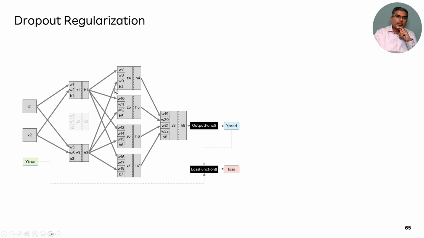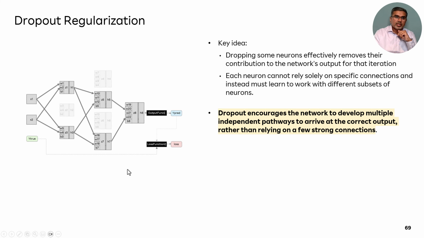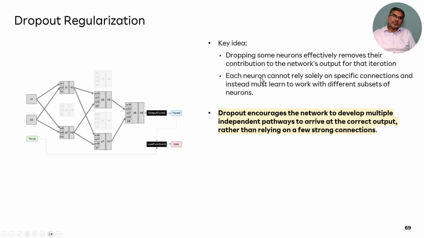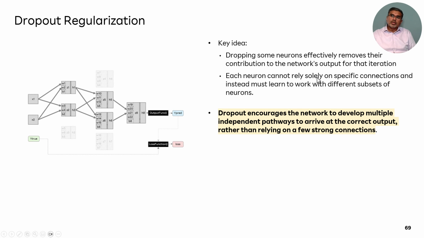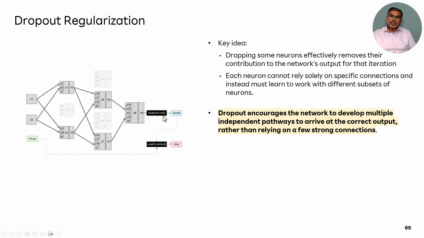So this neuron will not play any role in propagating the signal forward. In the next run, let's say you take out these neurons. In another run, you take out these neurons. So essentially, in each run, a random set of neurons are dropped. The key idea with dropout regularization is you remove the contribution of some neurons in making a prediction.